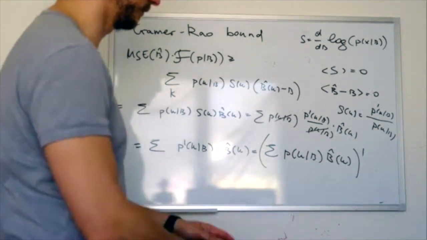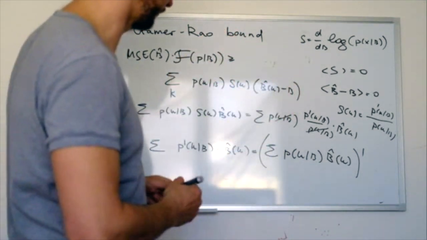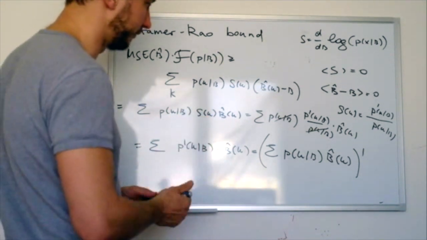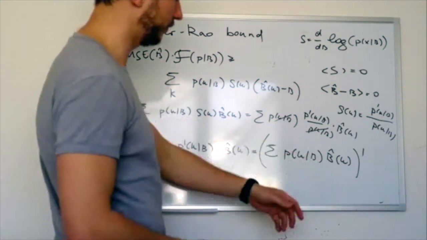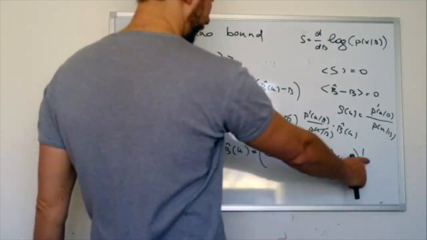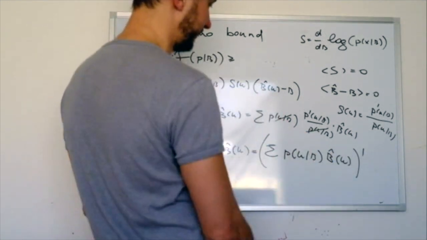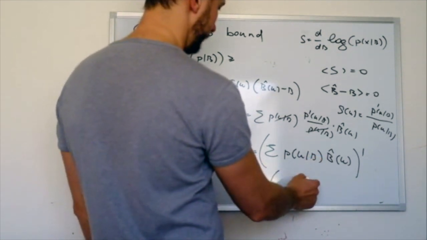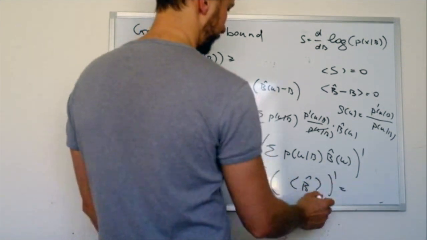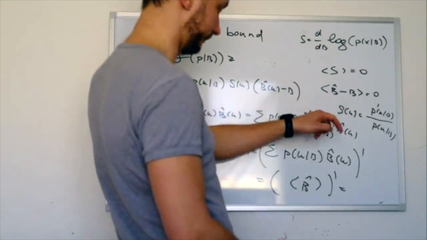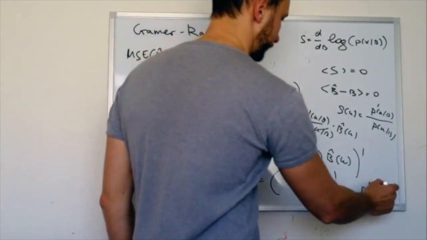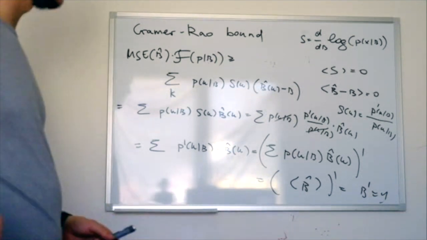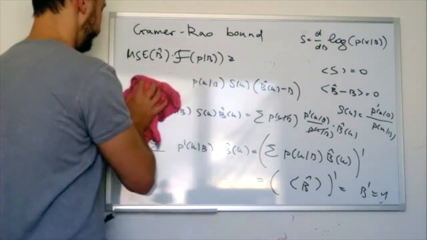The estimator is constructed on the whole space for all possible values of b, but it cannot directly depend on b because that's what we try to recover. So now it's clear what happened, because this is the derivative with respect to b. This thing is just the expected value of the estimator, so this here is precisely the derivative of b, and this is just because the estimator is unbiased. This is actually b prime, and this is equal to 1. Right. So with this, we get basically all the things here.